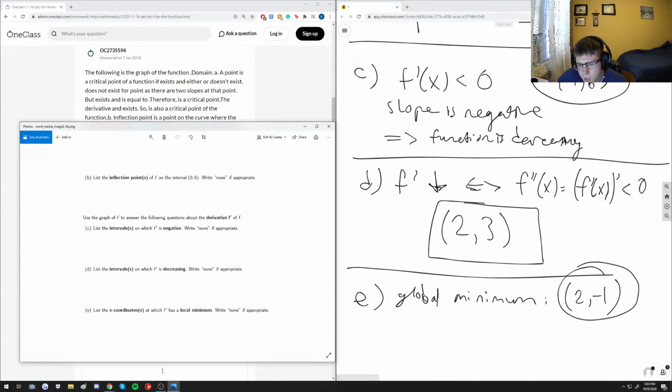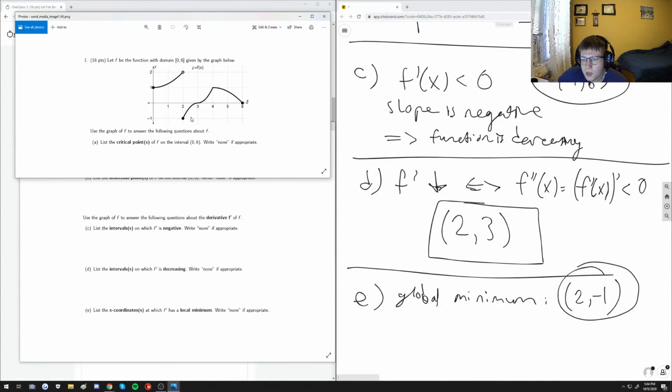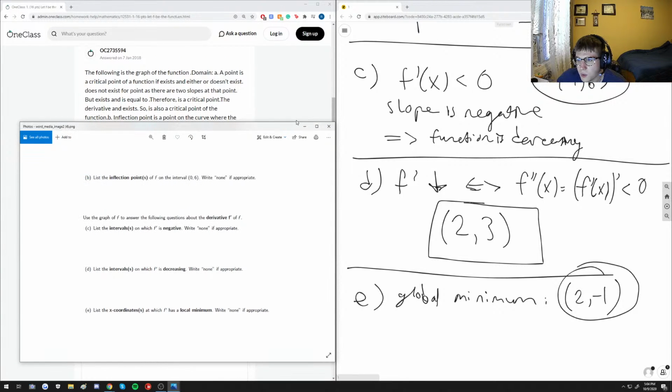I don't believe that we would actually consider these points to be minimum here. So in this case, I would just keep it at (2, -1) as our minimum. So that is that for this question.